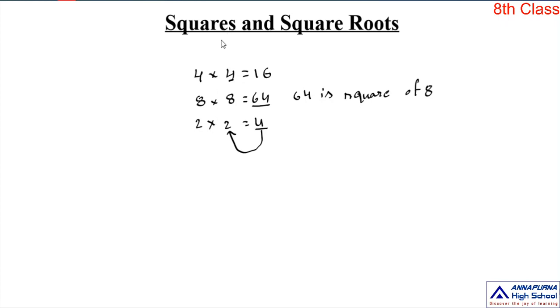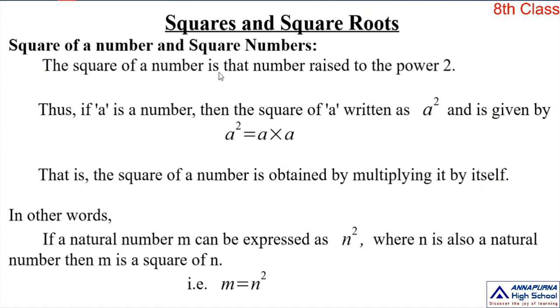Square means if you multiply the same number 2 times, the product we get is called the square of that number. This is the short explanation for square, but mathematically we define it like this. The square of a number is that number raised to the power 2.